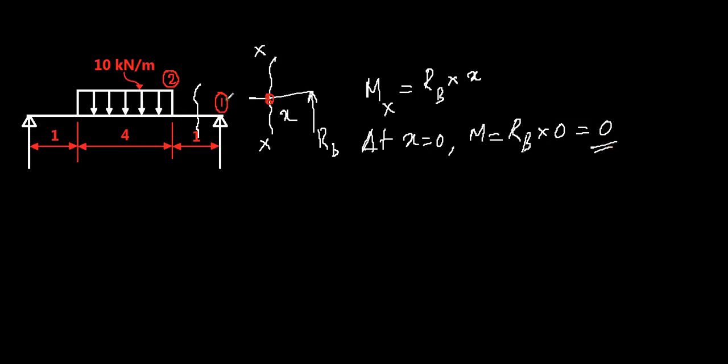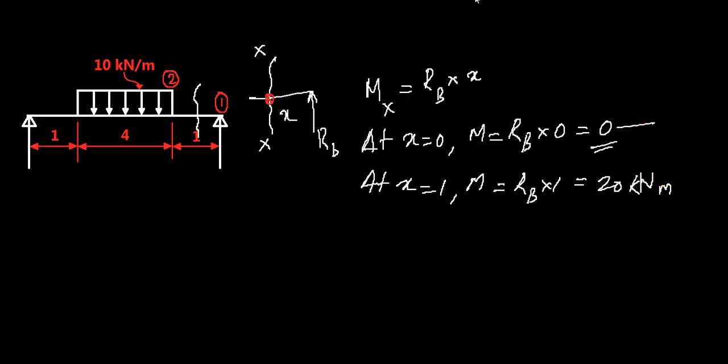That is your moment for point 1. Now at x equal to 1, which is this point, moment is Rb times 1, that is 20 kilonewton meter. So you have your moment values for 1 and 2 here.